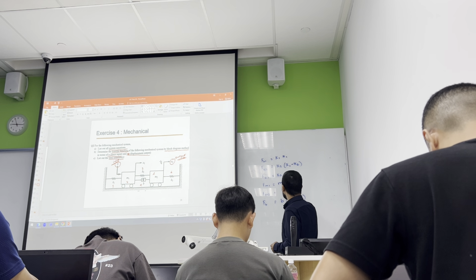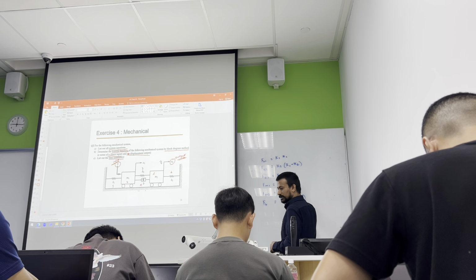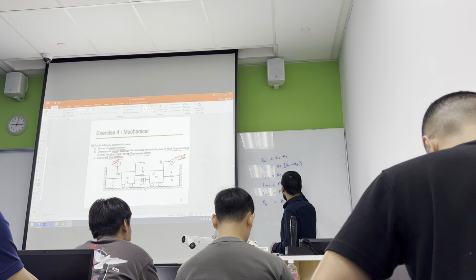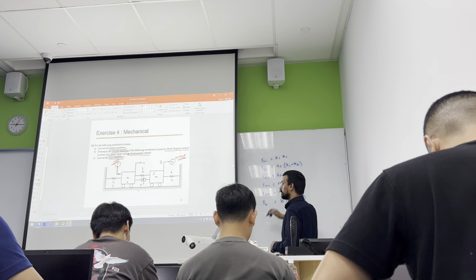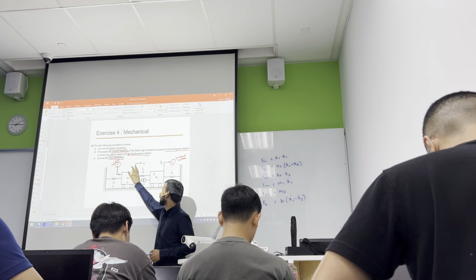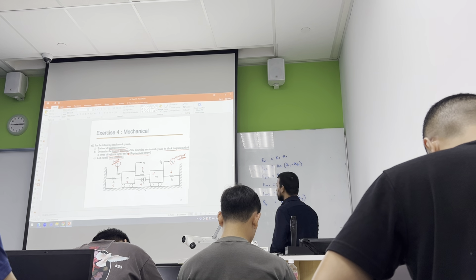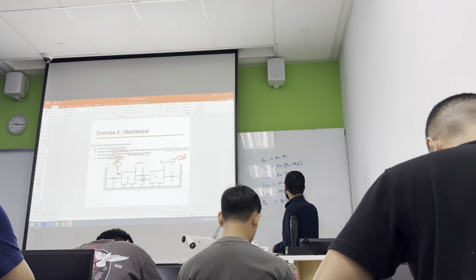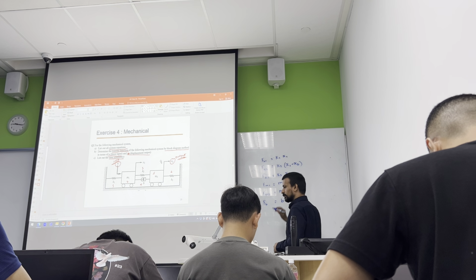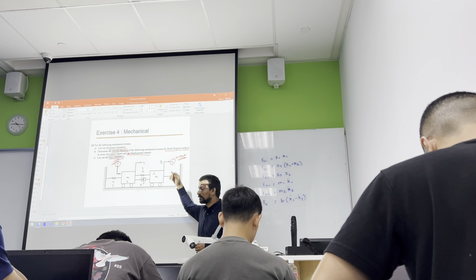Then the mass, M1, right? M1, M2. What's that? X1 double dot. Obviously this mass has the double dot. And M2, X2 double dot, right?